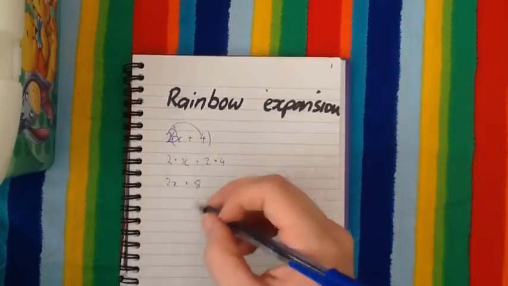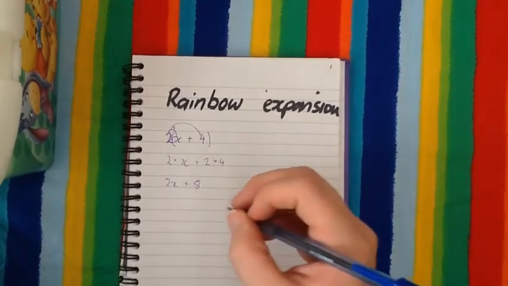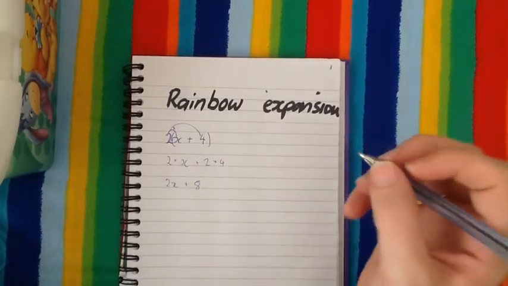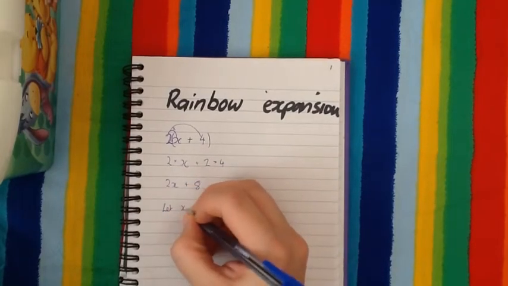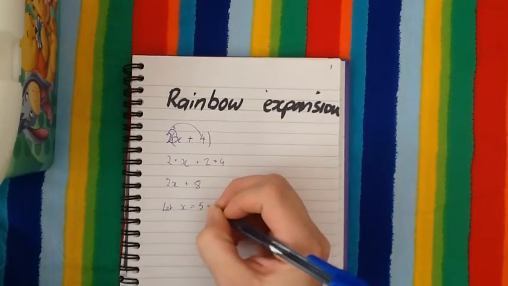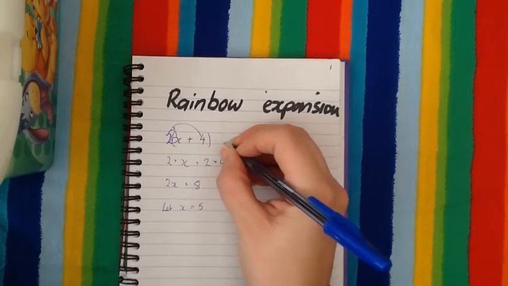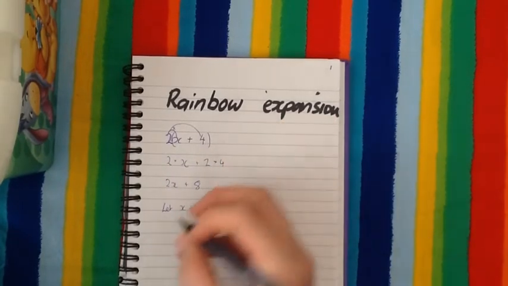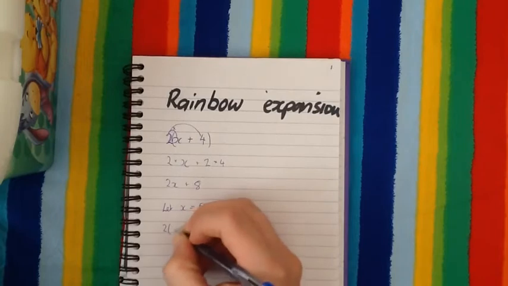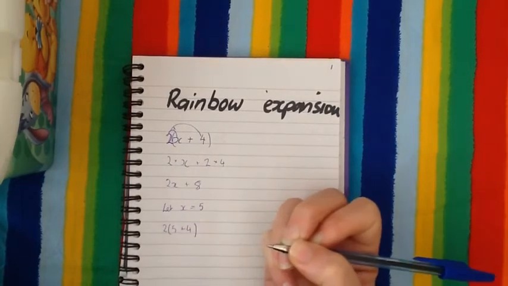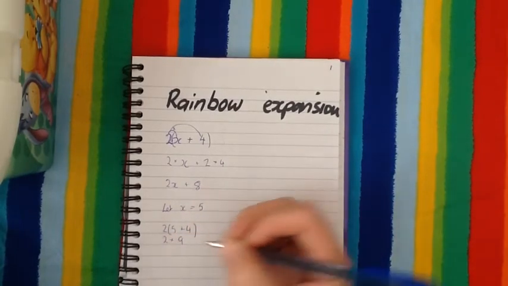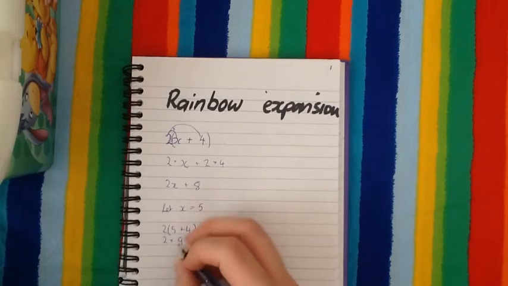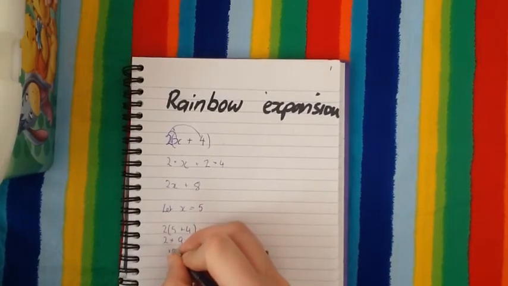We can demonstrate this if we substitute something in for x. For example, let x equal 5. If we substitute that in up here into the factorised version, we would get 2(5 + 4). 5 plus 4 is 9, so we now have 2 times 9, and 2 times 9 equals 18.